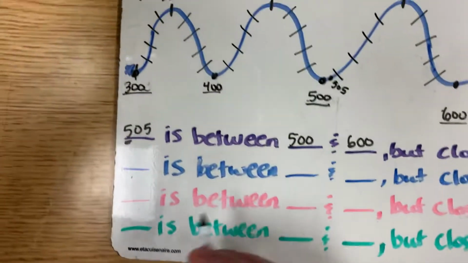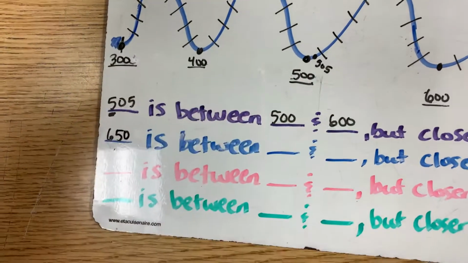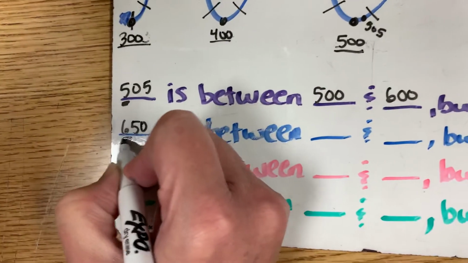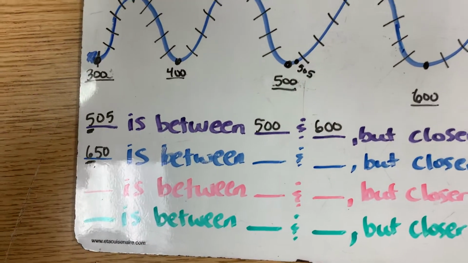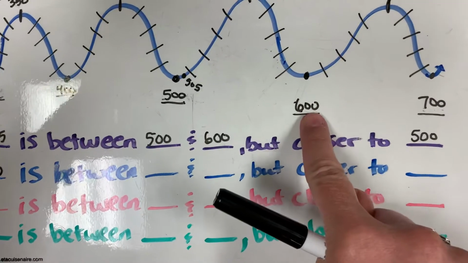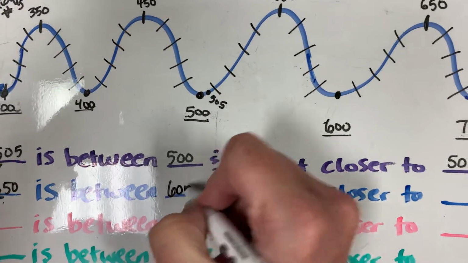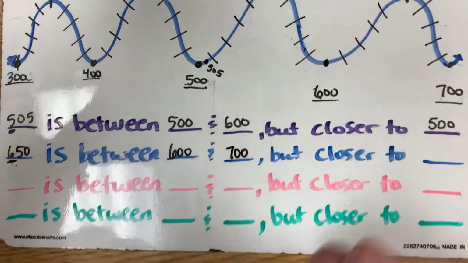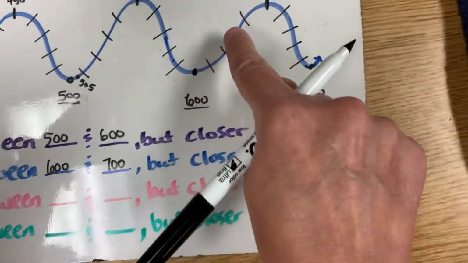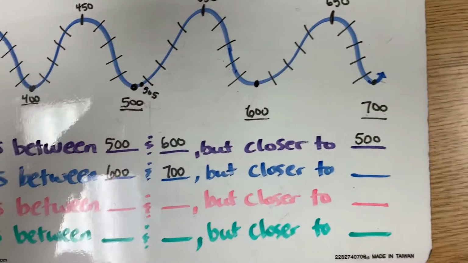All right, my next one I'm going to use the number 650. Again, I'm rounding to the hundreds, so I would have that 6 underlined. Looking at the boundary numbers, I notice 600, then I have 700. So I would place that there. So 650 is going to be somewhere along this section of my number line.